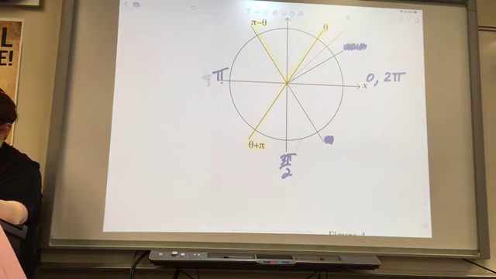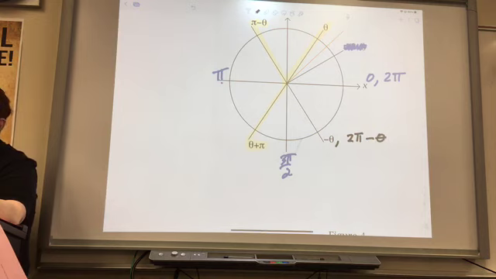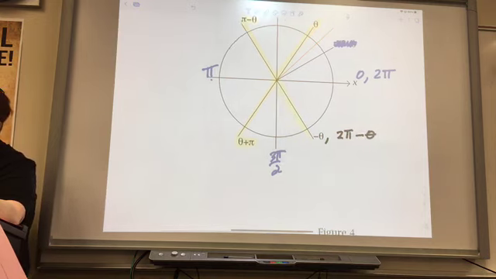And then how we find our angles in the last quadrant, actually don't erase that, we'll talk about it. Okay, in the final quadrant, it's 2 pi minus. That's where we get this from. And let's pick one, pi over 3, 4, 6.